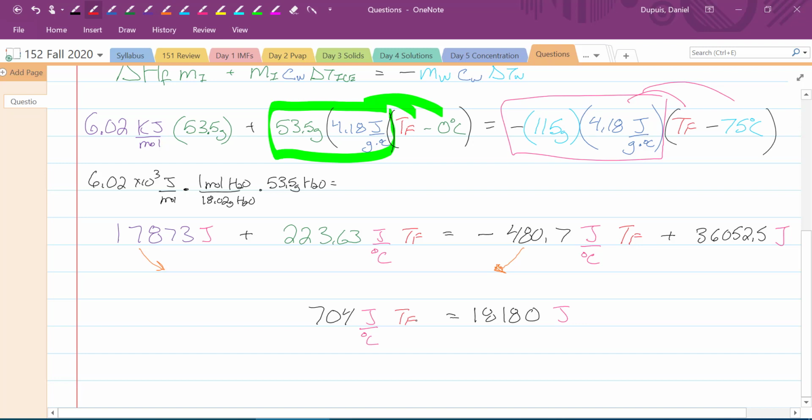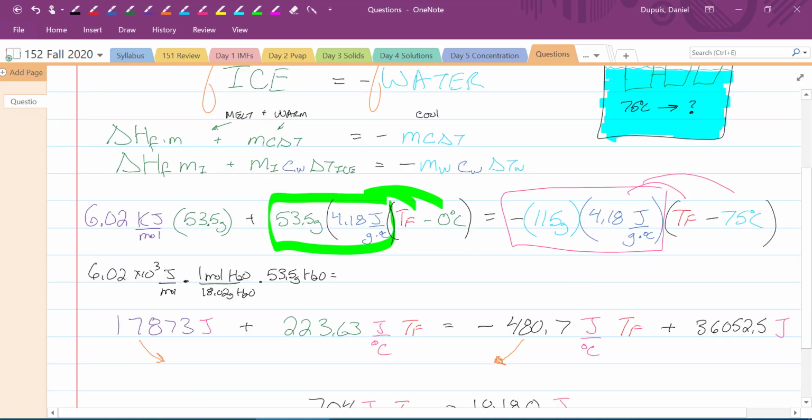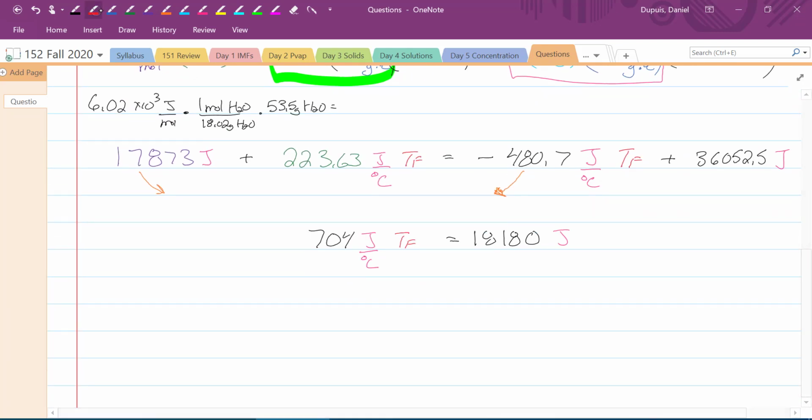Divide 18,180 by 704. I get 25.8, or I think we only have 2 sig figs, so we'll use 2 sig figs. So I get T_F to be 26 degrees Celsius.